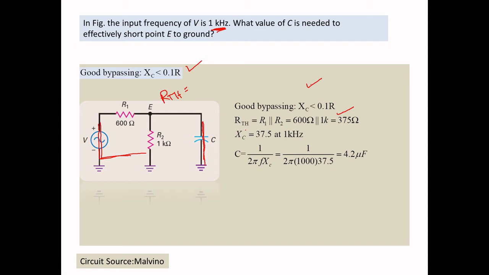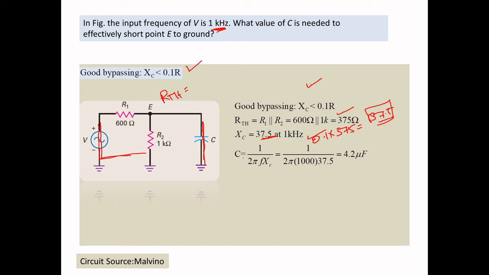So you want to substitute here, that is 0.1 into R, you will be getting 37.5. That is your capacitor reactance at 1 kilohertz, that is 0.1 into 375, you are getting 37.5, as per the good bypassing condition.